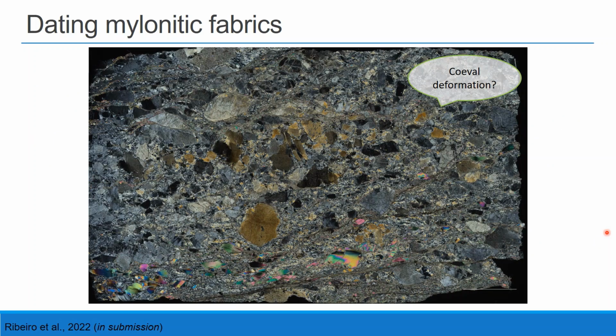So this is the whole point of our talk today, this rock. This rock is from West Arunta, and it's a medium grade mylonite. I want to say a few things about the textures.